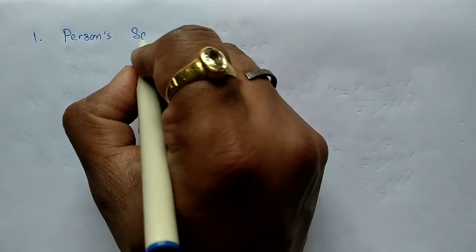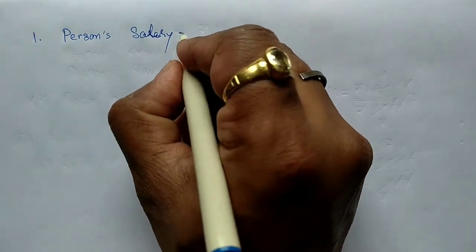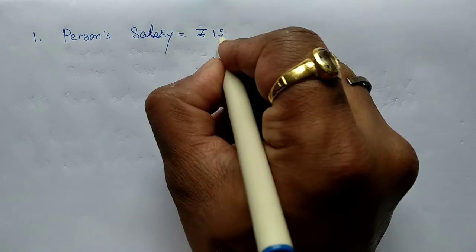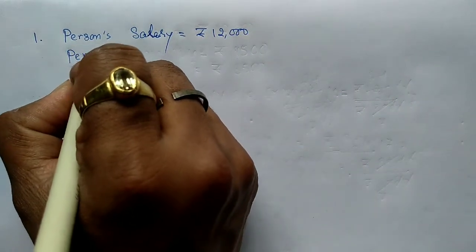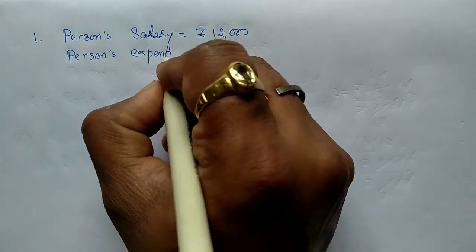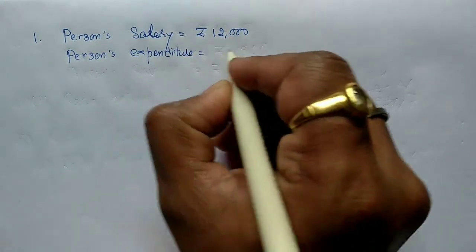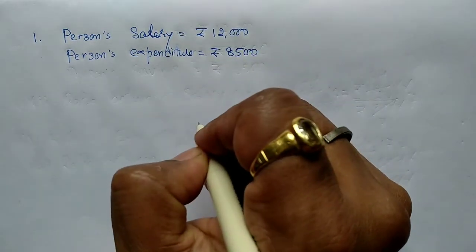So we are doing number 1, and we can write person's income or salary is equal to rupees 12,000, right? Then person's expenditure is equal to rupees 8,500.